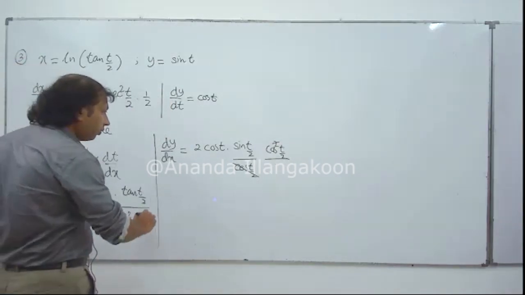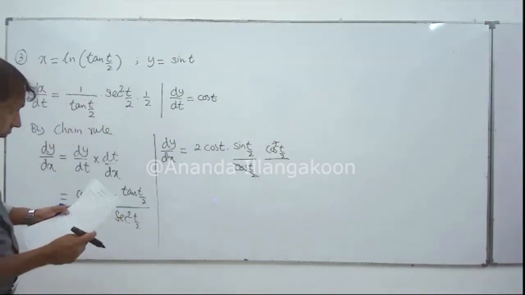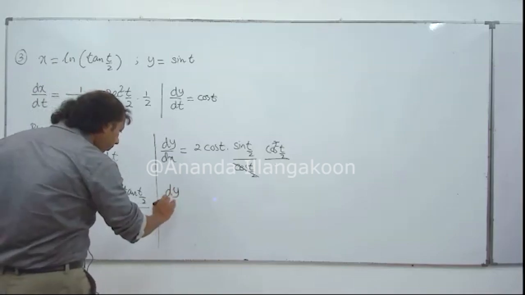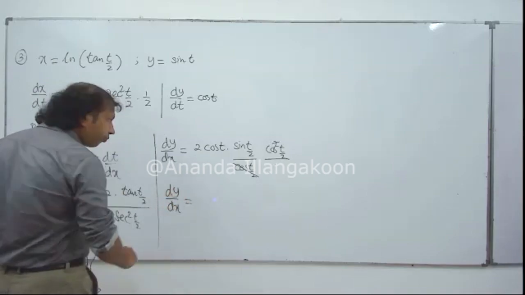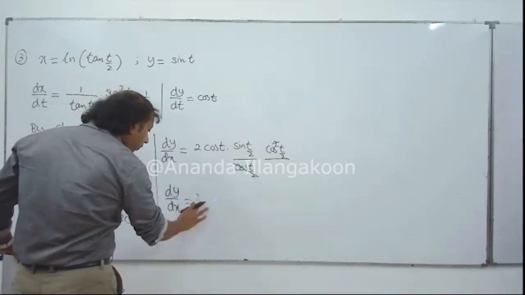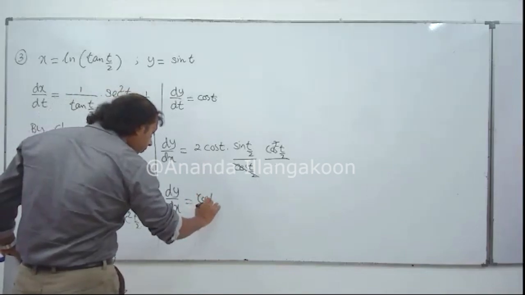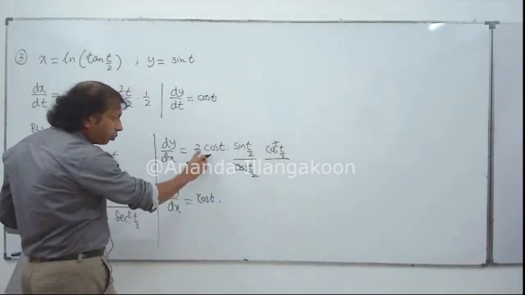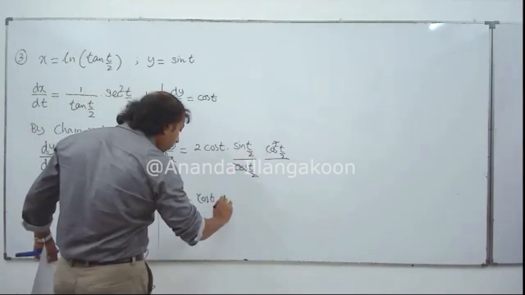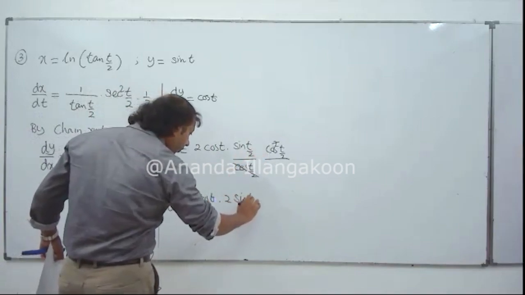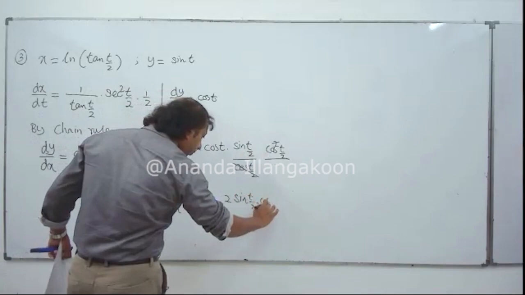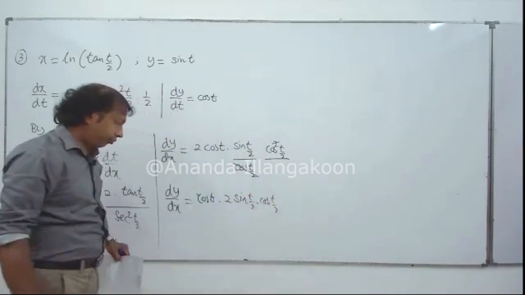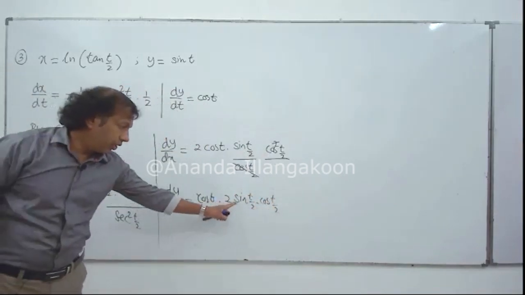Now what do you get? dy/dx, we get how? This cos t I can write together like this: 2 sin(t/2) cos(t/2).